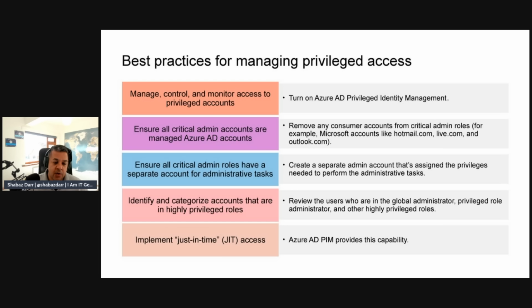A lot of good things we can do to improve and follow those best practices. The final best practice is to implement just-in-time, or JIT, access to further lower the exposure time of privileges and increase your visibility into the use of those privileged accounts. And again, PIM in Entra has the capability to do just-in-time access.